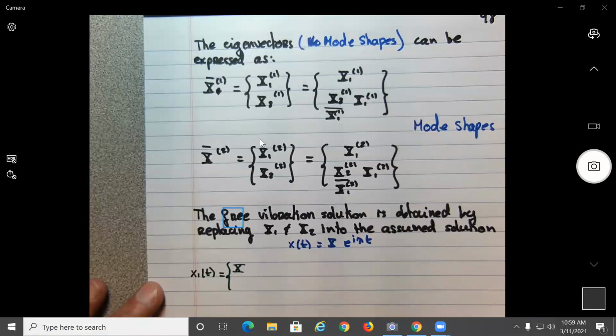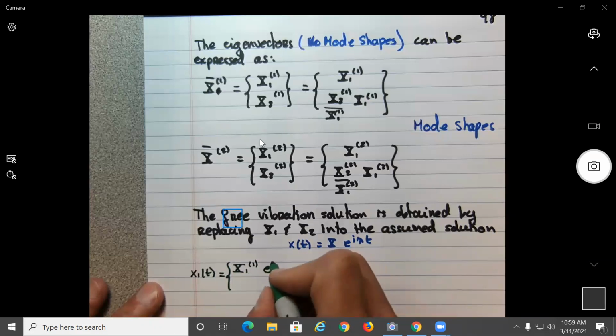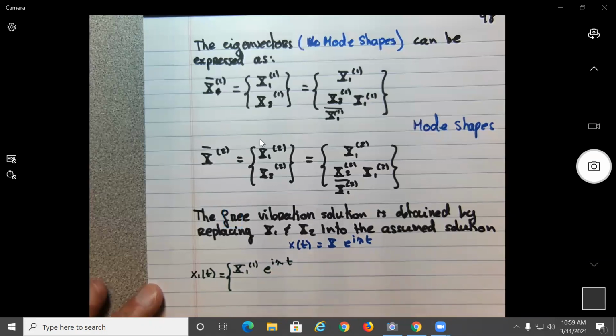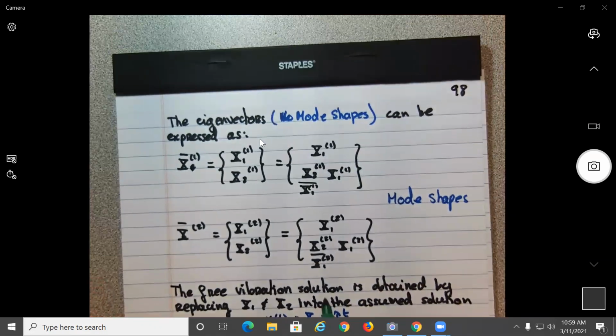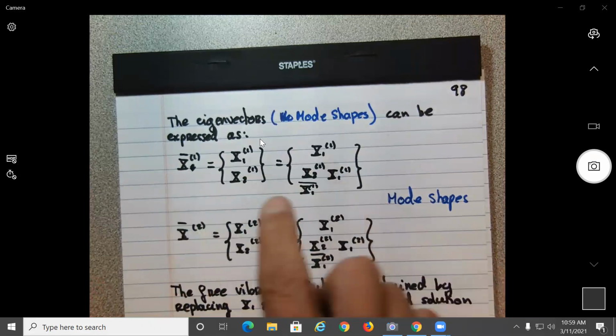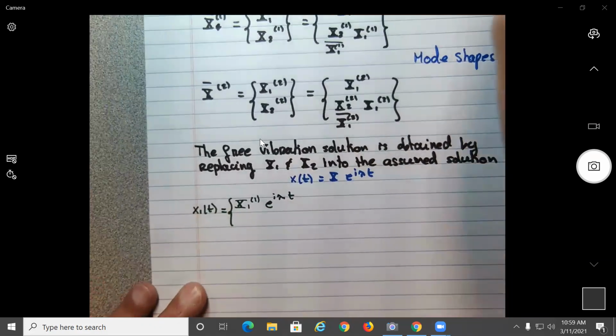It's going to become x1,1 e^(i lambda 1 t). All right, so we have this solution. This is x1, this is x1, no? Both are related to x1 here. This is for the first mode.